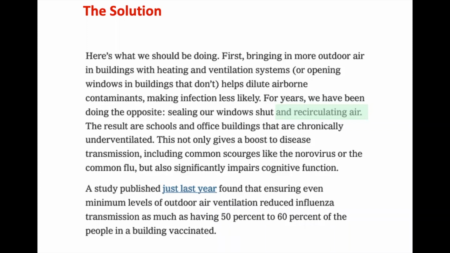So this is what, in that article, Dr. Allen talked about: more ventilation, which is universal, and bringing in more outside air and diluting the space, number one. And he references a study that was just last year that shows that flu transmission was reduced dramatically by providing more ventilation.